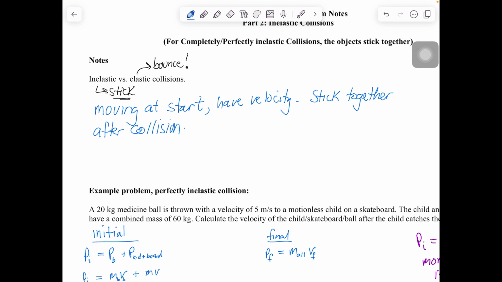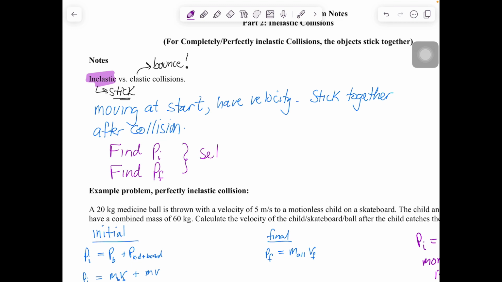And the way that we are going to solve these inelastic problems is you're going to go ahead and find your initial momentum. You're going to find your final momentum, so the before and the after.